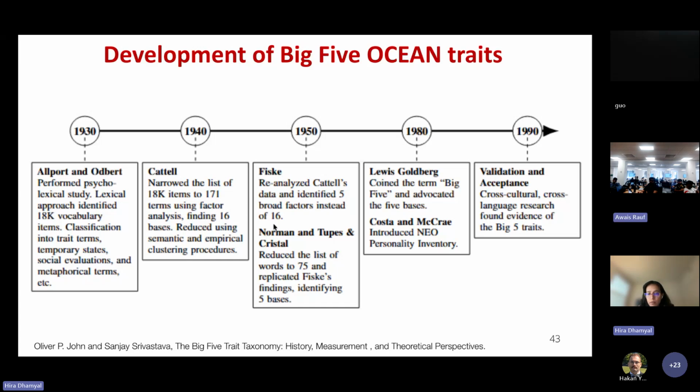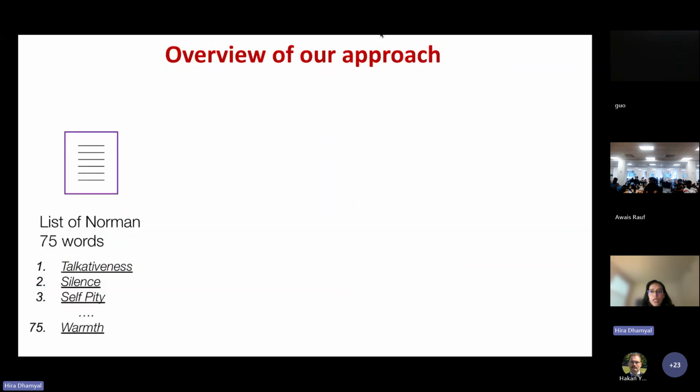People discovered 16, people discovered 5, 3, 2 different essential bases or dimensions which are used to describe other people. But 5 is the most accepted, widely used one. I think I am a little bit on time, but I will quickly go over the approach.